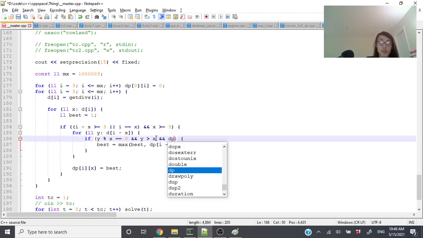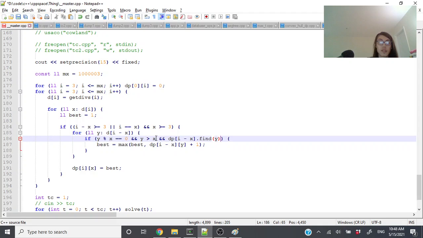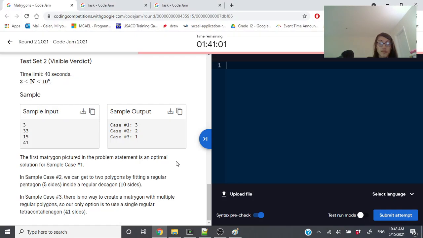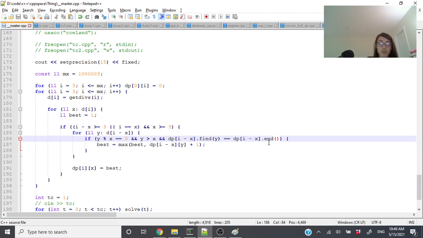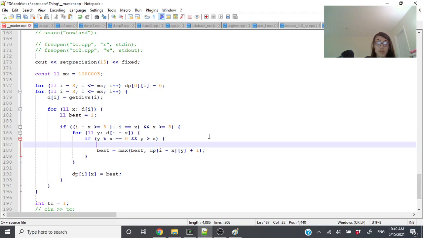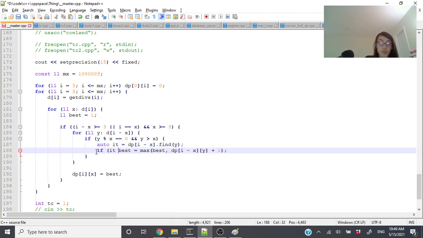And dp i minus x, now find y. This is to avoid creating keys that shouldn't exist, because that would also make the log larger.